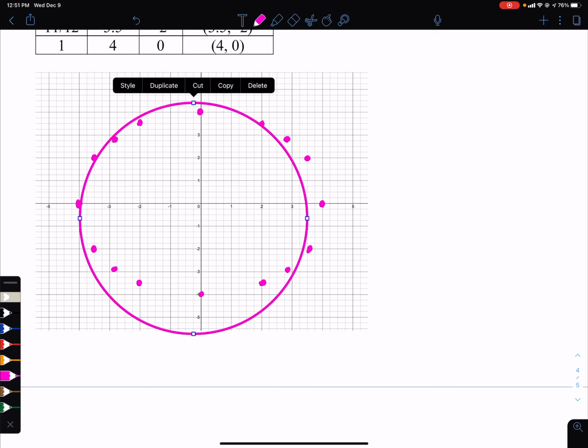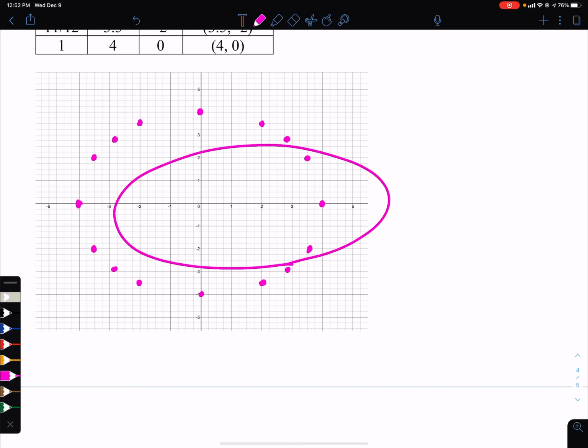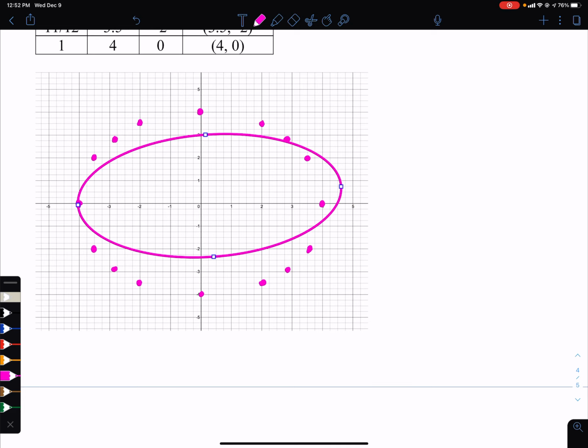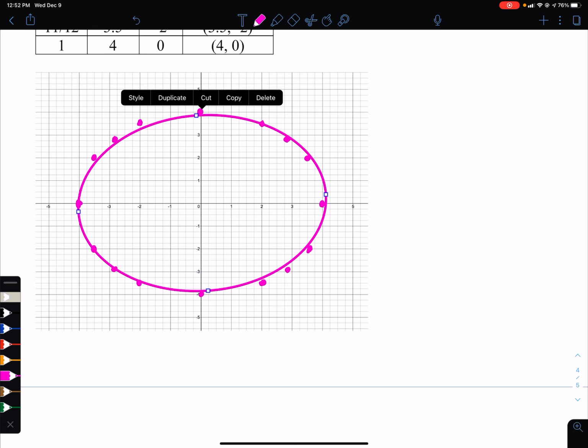Let me just do an oval. My graph paper is not to scale. It's wider than it is taller, so it's not looking right. But it is, believe me. Uh-oh. I'm failing here. Close enough. It's a circle. It just doesn't look like it.